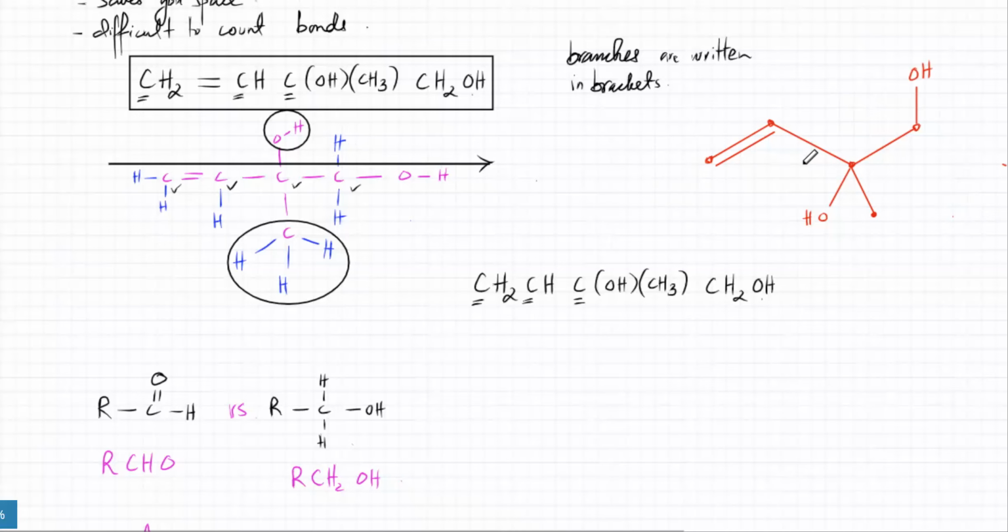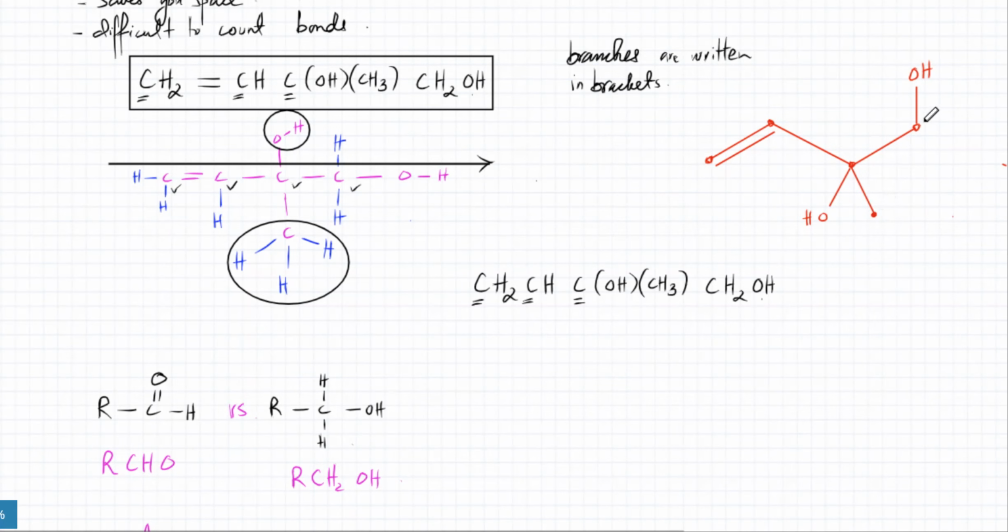Now it's very easy to go from skeletal formula back to this one because this carbon is making how many bonds? 2 bonds. So how many H's should be added to this one? 2. This one is making 3 bonds, so there's going to be 1 H, right? This carbon atom is already making 4 bonds, so this one will make how many H's? 3.